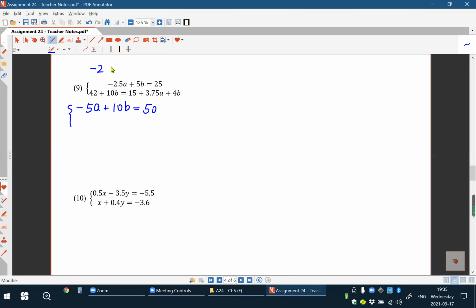If you time a 10 to both sides of the equation, you will get this one, right? Which is doable, but seems not necessary because you can then cancel a 25 to both sides of the equation. Then you will get this one, right? So it's better to time a 2 actually.